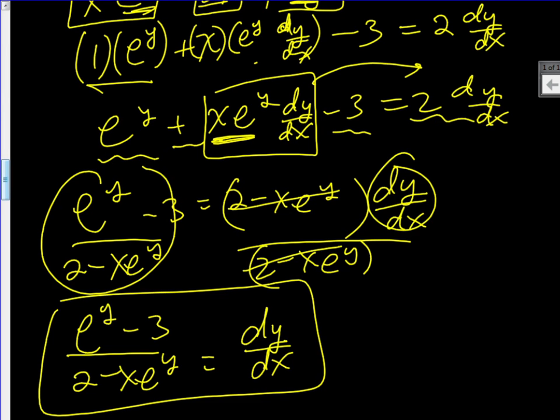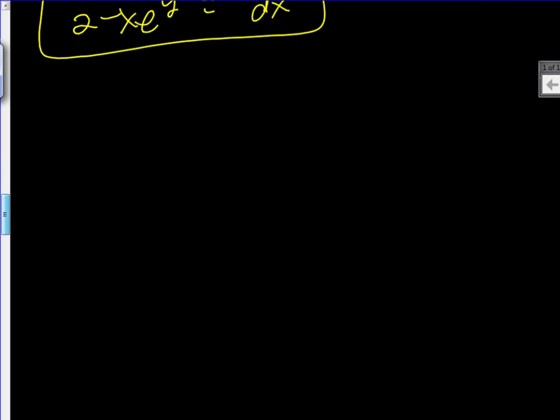Let's do one more derivative. y is equal to x squared e to the negative x. Okay, so this is a product.